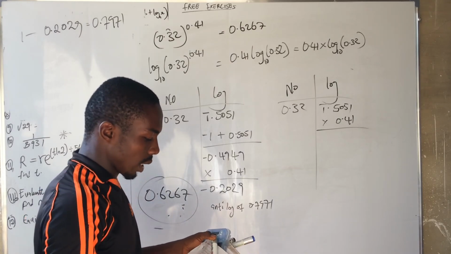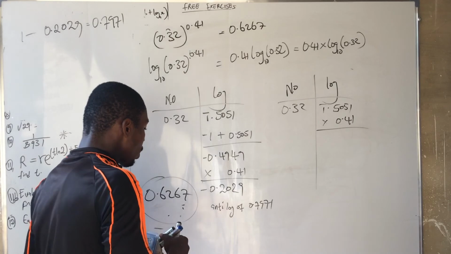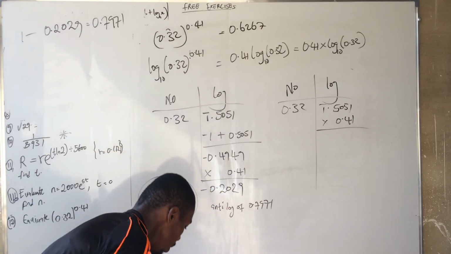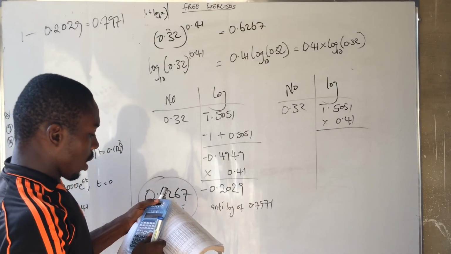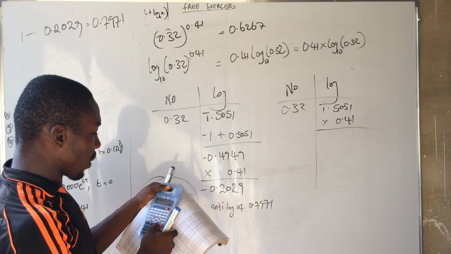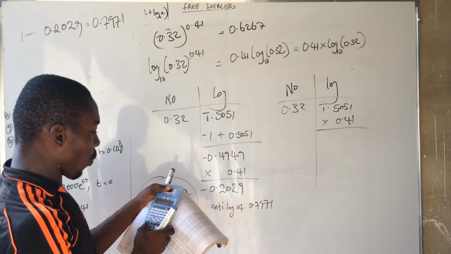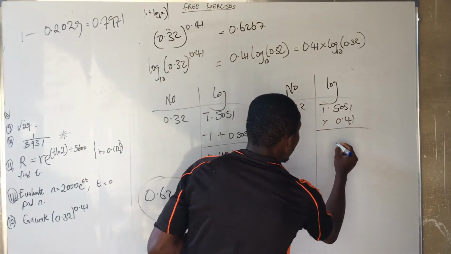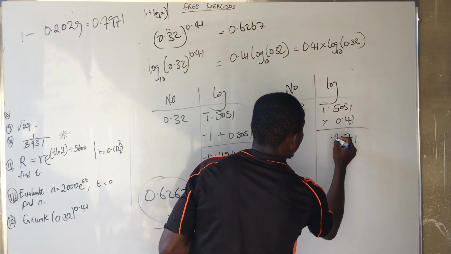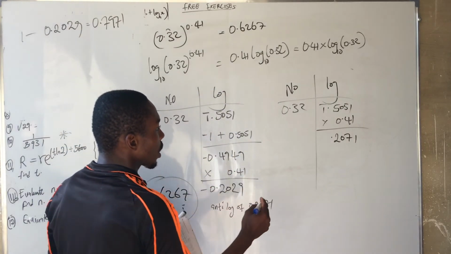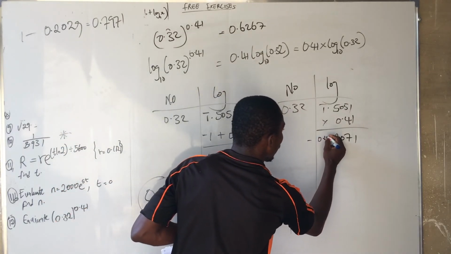I'm going to say 0.5051 multiplied by 0.41 to give me 0.2071. I'm going to multiply this by bar 1 again. I'm going to have negative 0.41.